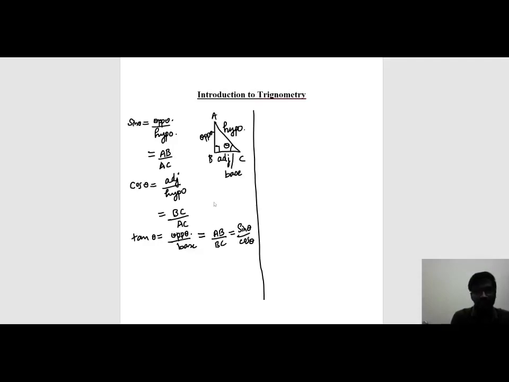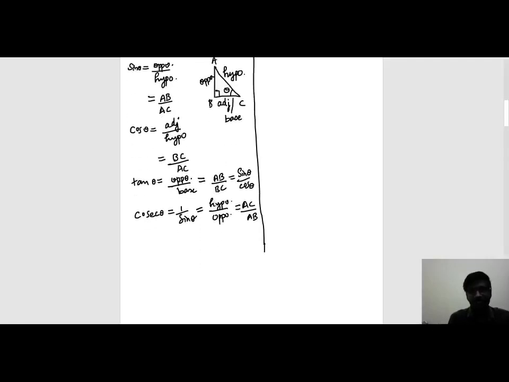Then coming to the cosec part, that is the fourth ratio, cosec theta, which is the complementary of sine theta. That will be equal to hypotenuse divided by opposite side, or we can write it as AC divided by AB. Alright. Then we have two more, that is sec theta and cot theta.